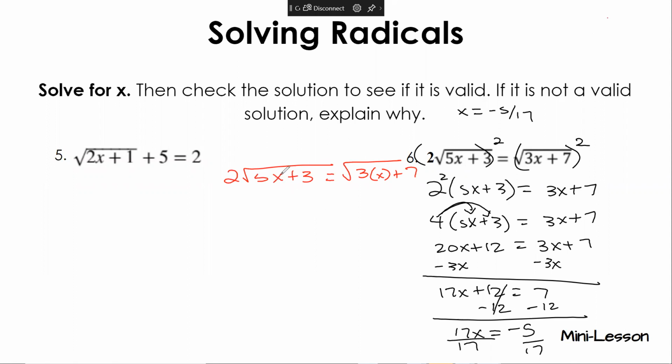Okay, so we're going to erase the x's and we're going to write negative 5/17. Okay, I'm going to be honest with you. I don't want to simplify that, and that's a lot of fractions. So I'm going to go into Desmos and type this madness in.